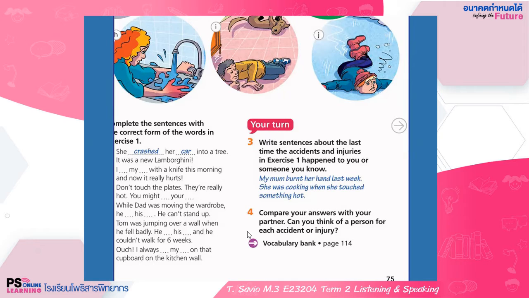Exercise 4. Compare your answers with your partner. Can you think of a person for each accident or injury? So these would be some of your experiences maybe at school, where you find students in casts where they're using a walking stick or crutches because they've broken their leg, or their arm is in a cast, playing basketball, getting hurt.